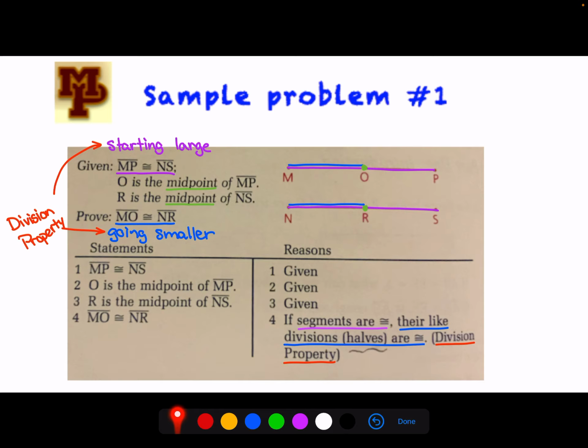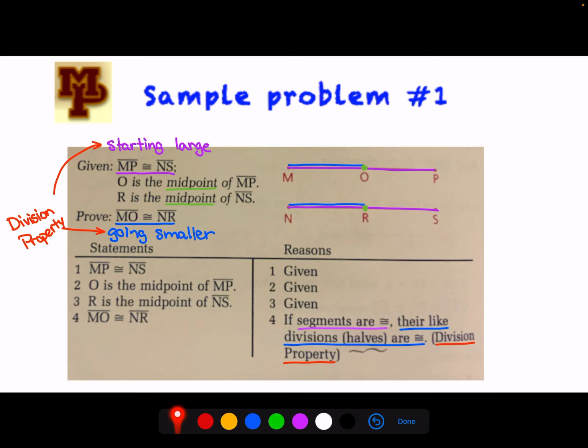And that means that we're starting large. We're starting with bigger segments. They want us to prove that MO is congruent to NR. So I'm going from the larger purple segments to the smaller blue segments. Now, if I'm starting large and getting smaller, we're going to use the division property.